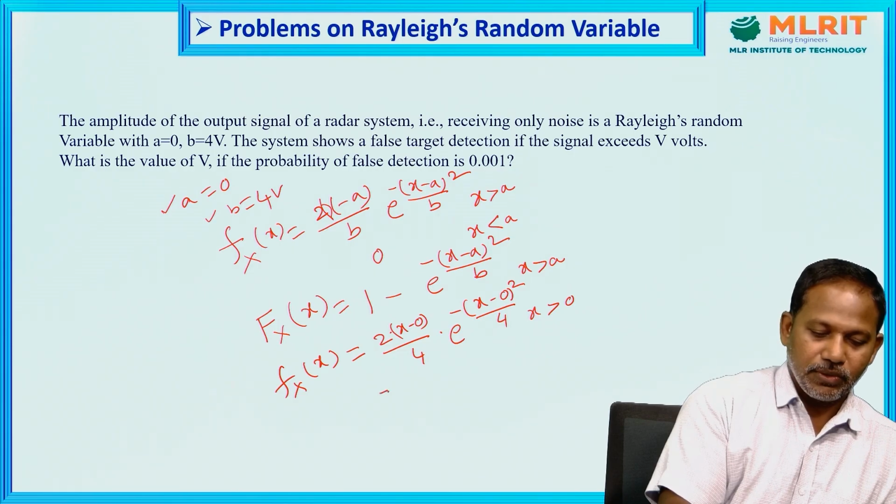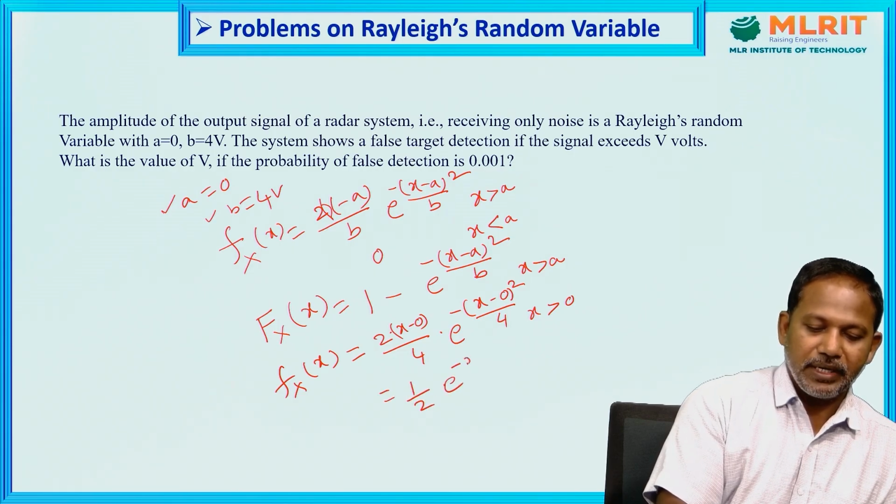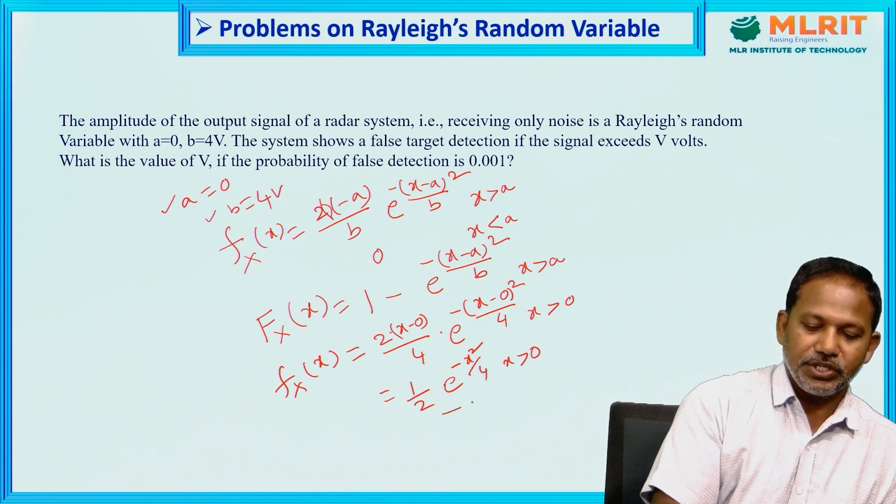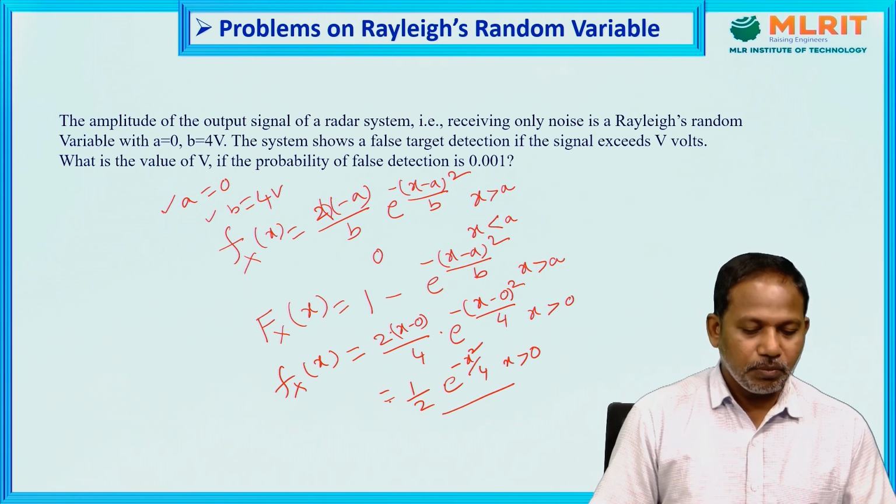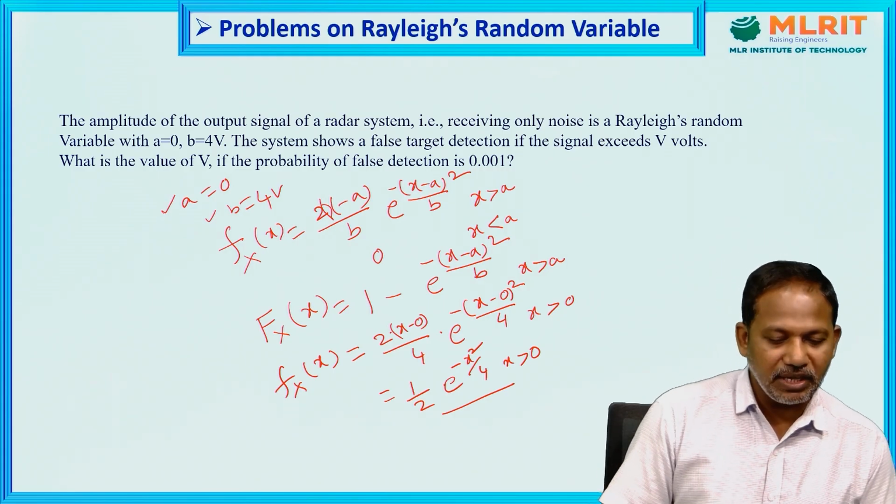So we get x/2 times e power minus x square by 4 for x greater than 0. So this is the probability density function for the given one.